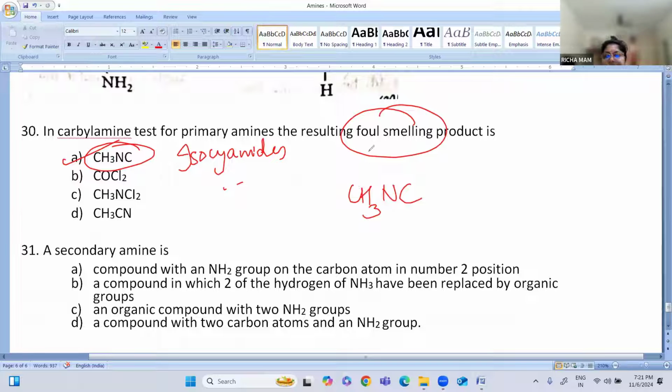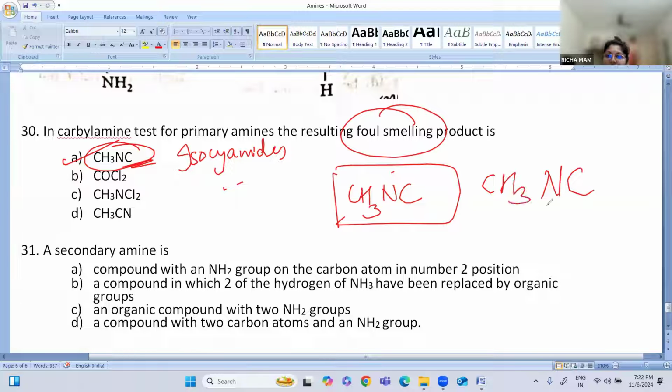In the carbylamine test, the final product is isocyanide, so because of this isocyanide you get that very bad smell. The attaching atom is nitrogen. When you have CN, it is cyanide. NC is isocyanide. Next question.